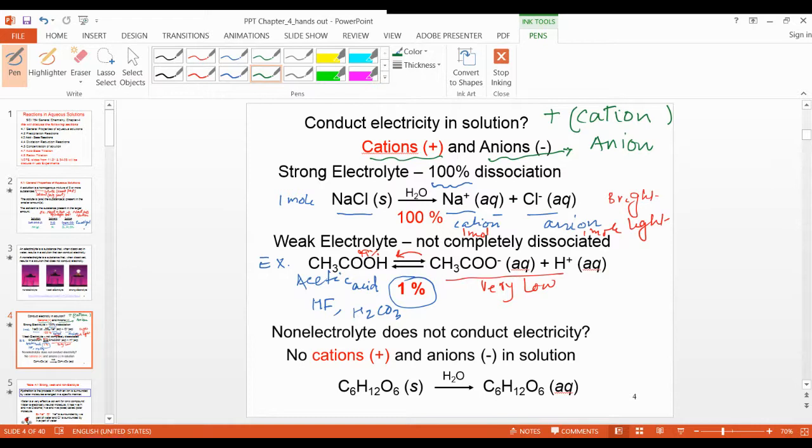Cation and anion are both there. And the non-electrolyte is glucose. It will dissolve here and make a solution, but no ions are present. No ions present, so no light. No plus, no minus.